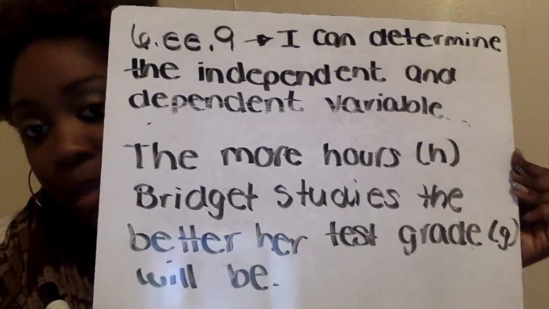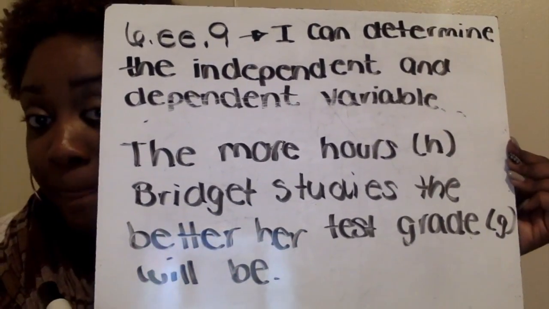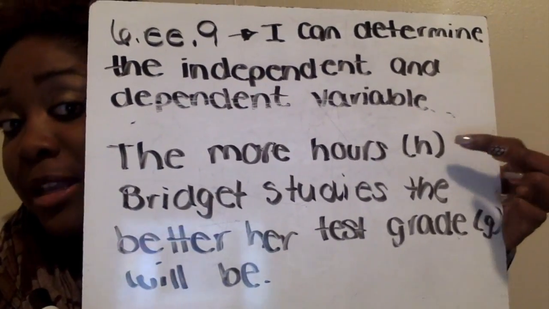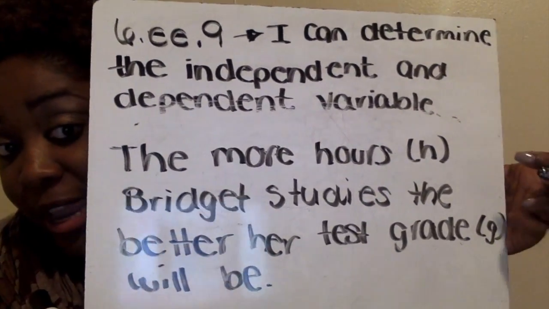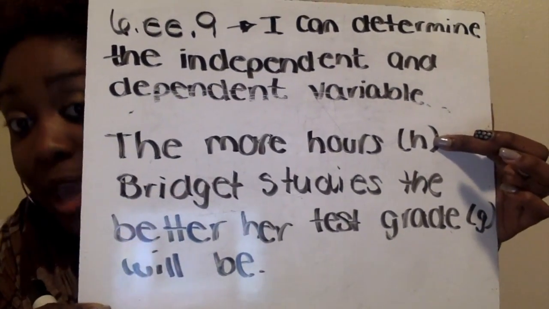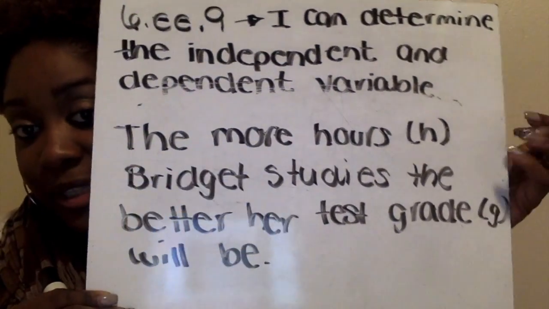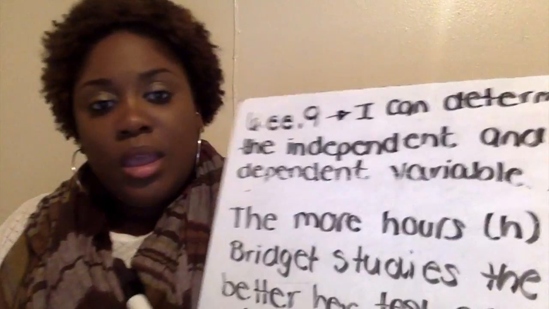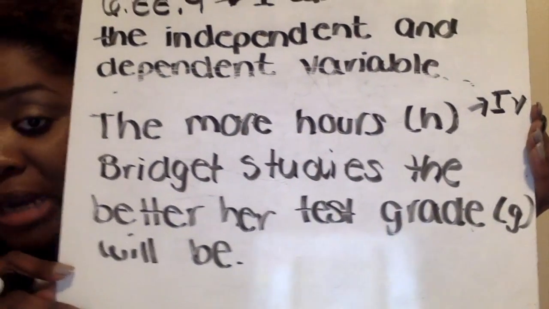If she studies less, is her grade going to be better or worse? So it depends. The grade depends on how many hours she studies. So in this instance, our H, which is our hours, is going to be our independent variable. I'm going to put IV beside it. And our test grade is obviously going to be our dependent variable.